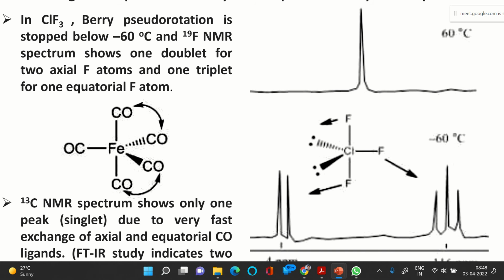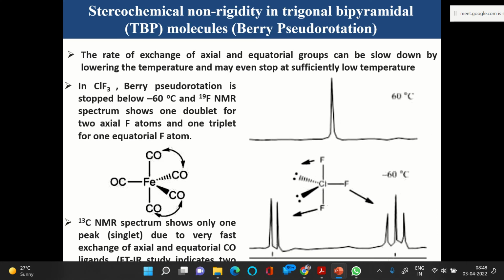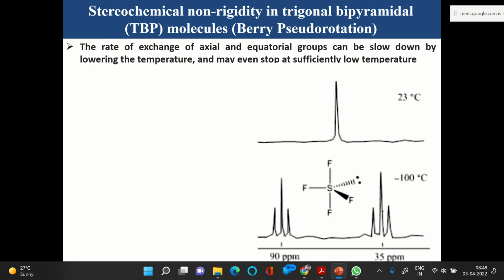But if you conduct FTIR also at room temperature, you will clearly see the equatorial and axial vibrations, which appear at different frequencies. So that is something important.